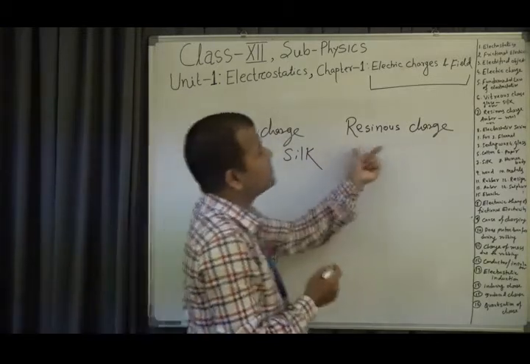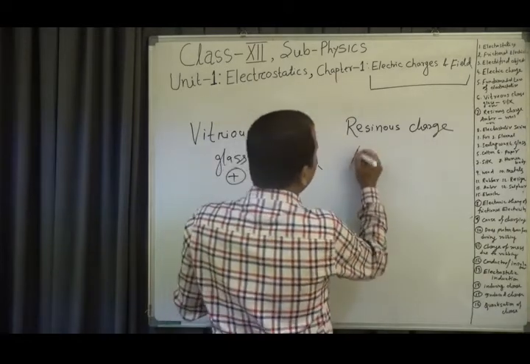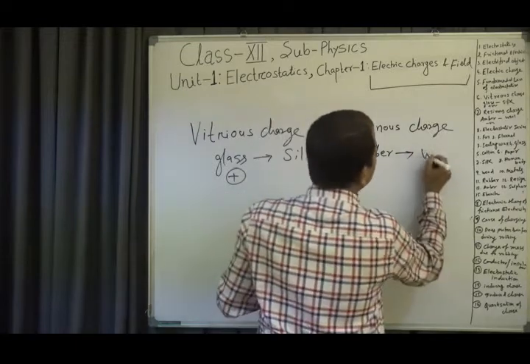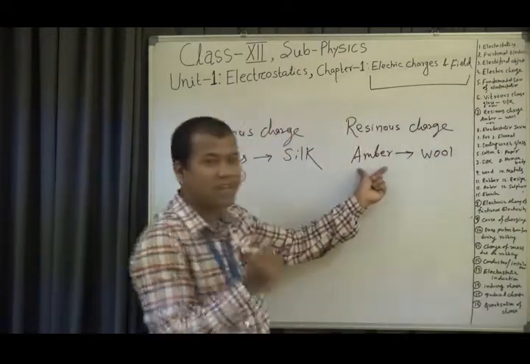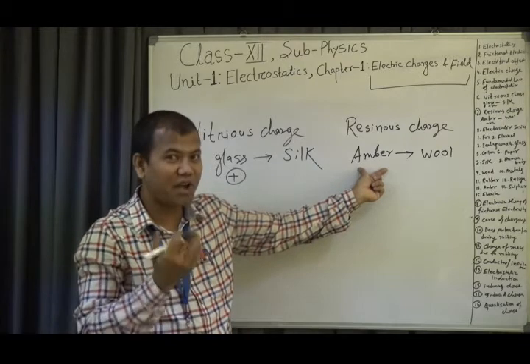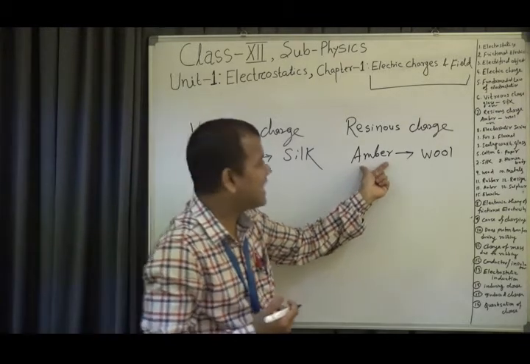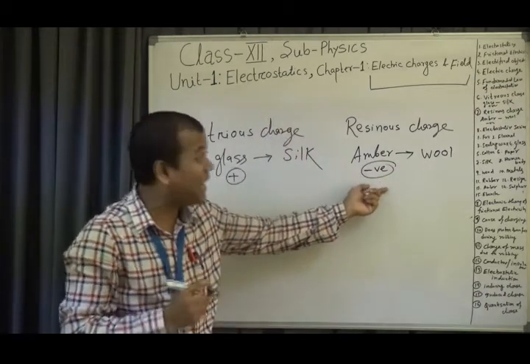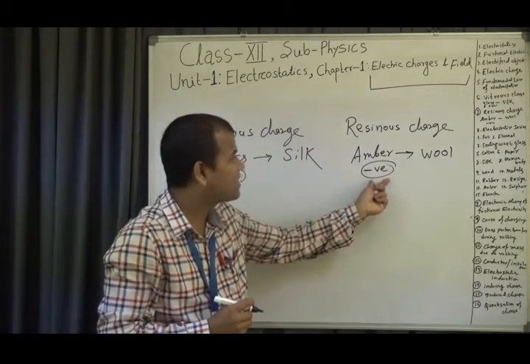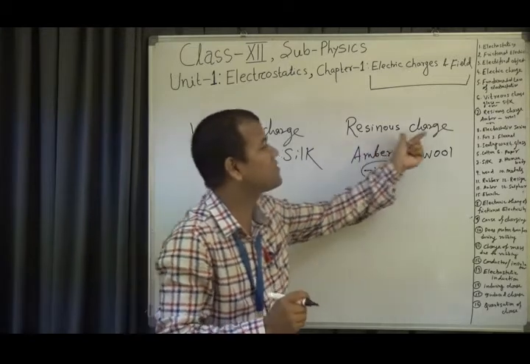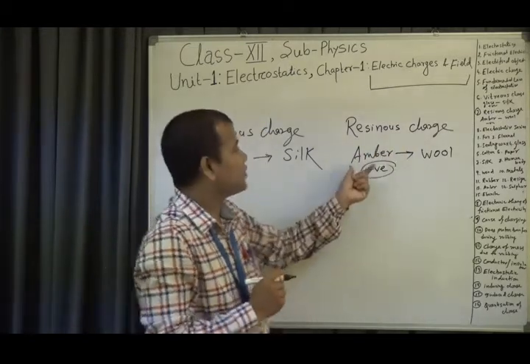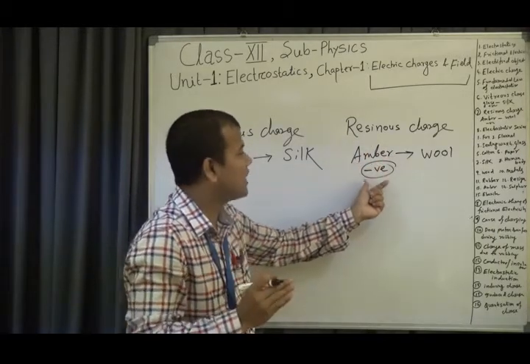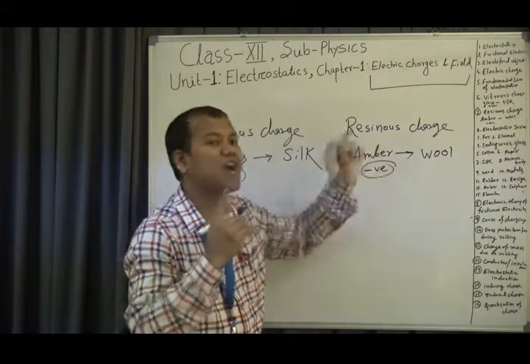Now what is resinous charge? When amber is rubbed with wool, what will happen? That amber will acquire negative charge. That negative charge has been defined as resinous charge. Amber is one type of resin, so that's why it is called resinous charge.